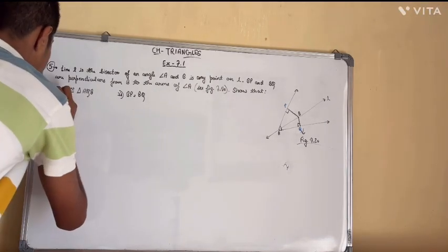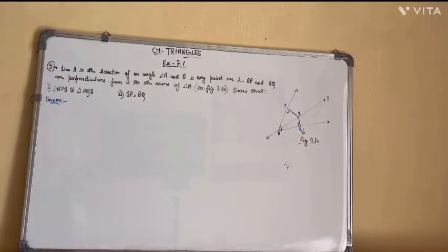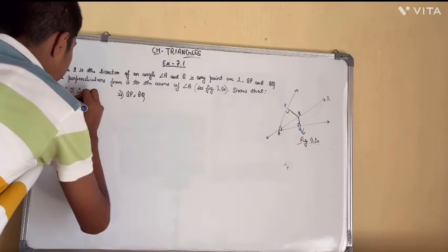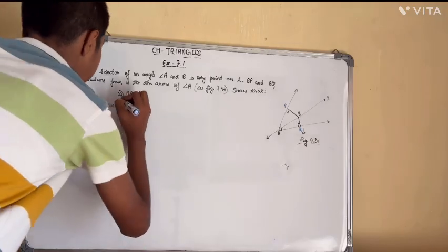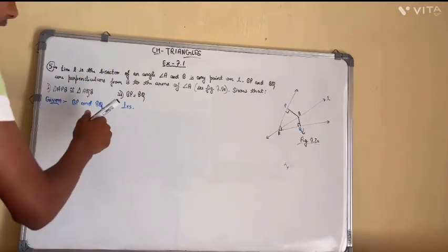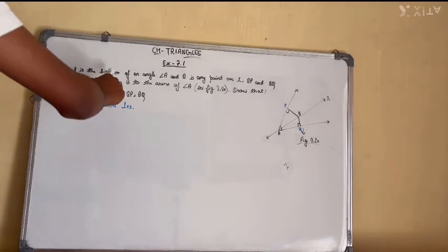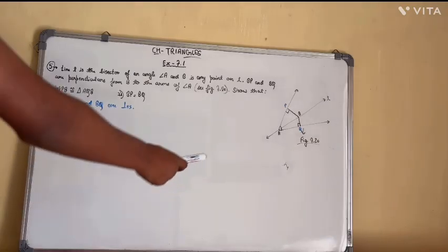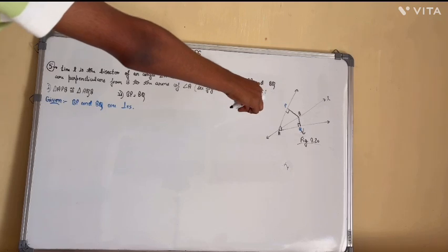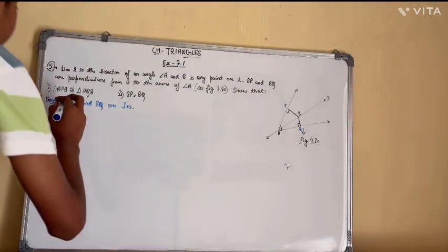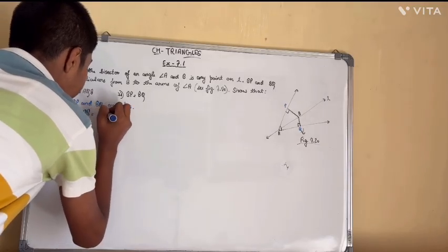Firstly we will write what is given in the question. In the question it is given BP and BQ are perpendiculars. We can write perpendiculars like this. This is the symbol of perpendicular. And one more thing is given, line L is the angle bisector of angle A. So this divides it into two equal angles. So we can write angle PAB is equal to angle QAB.